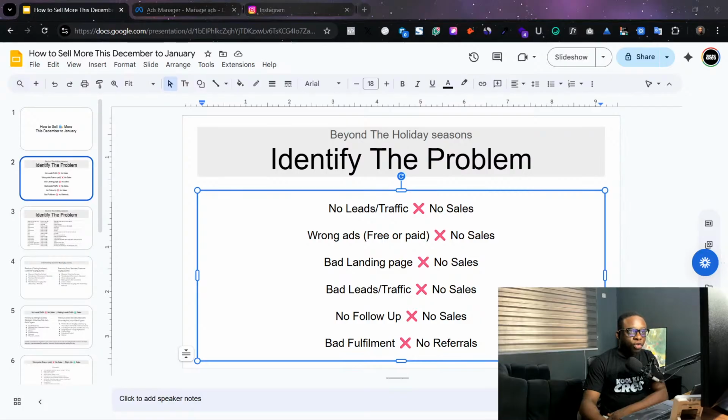One of the problems is no leads, and most of the persons that we have worked with usually say, I don't have leads, my leads are slow, and so many other things. The next thing is more like wrong ads, right?